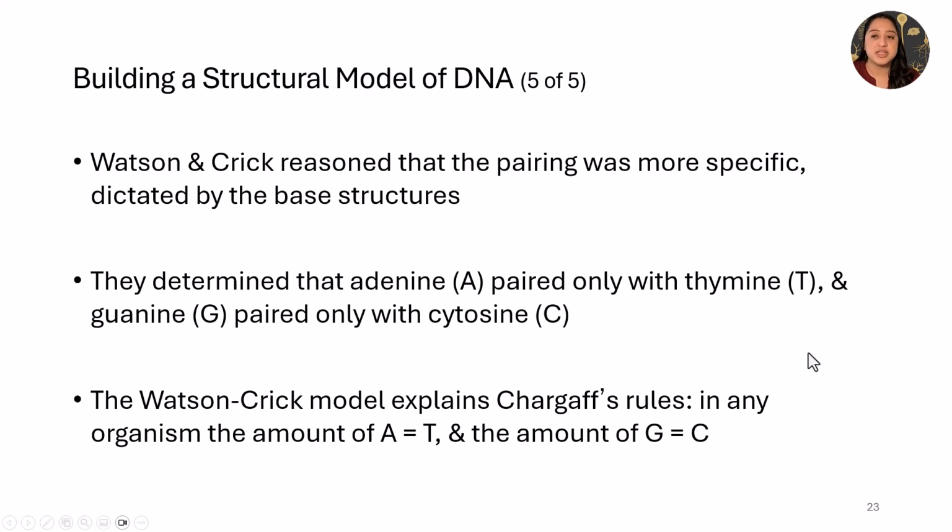So if you were given a problem, say the total amount of DNA adds up to 100%, and 33% of the DNA in this sample is A, then how much is T? That would also be 33% because they have to equal each other. The rest is made of G and C, and you divide that by half. Hopefully that makes sense.